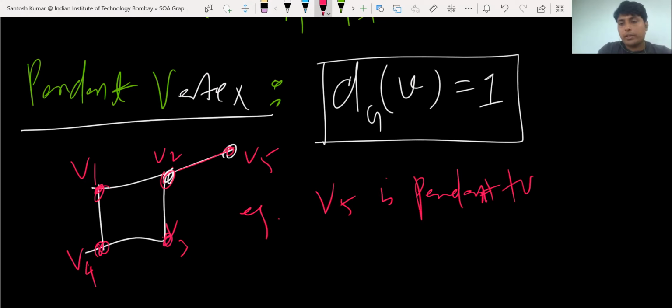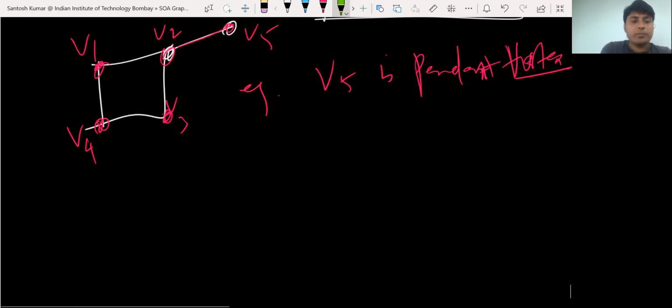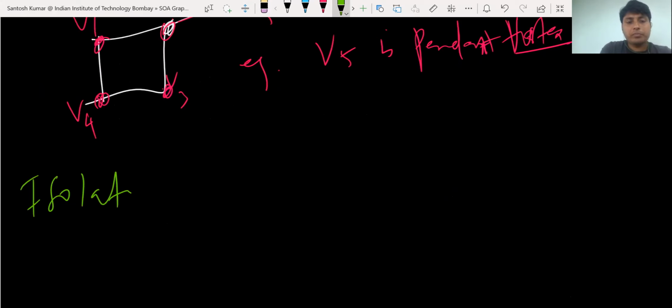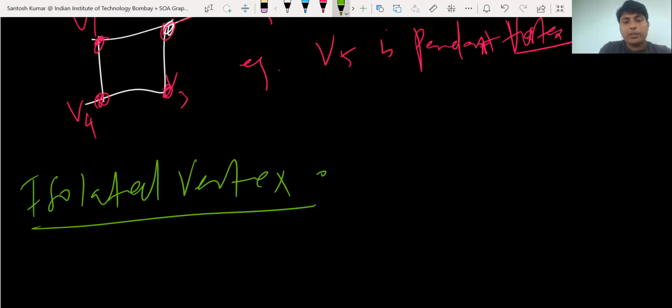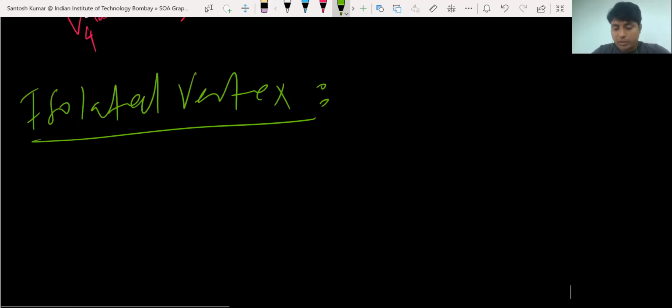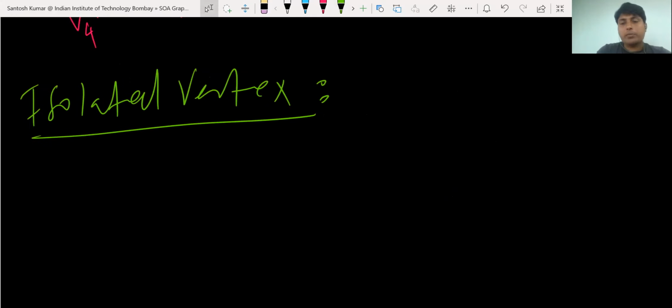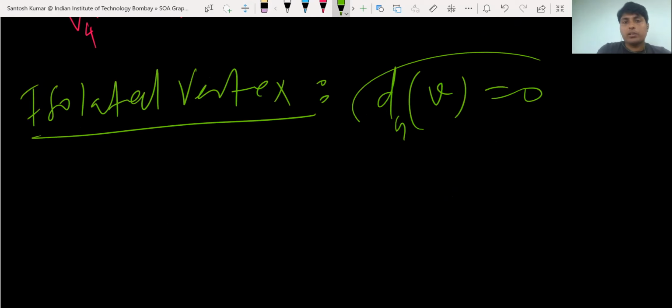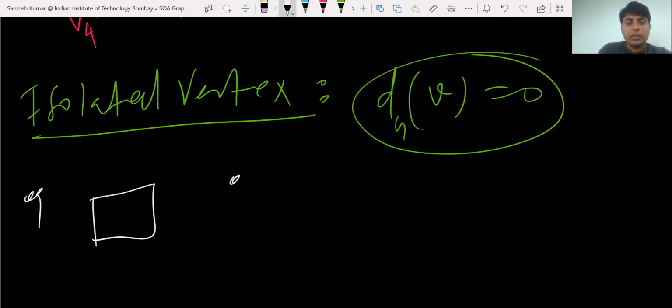Now next is, what is an isolated vertex? An isolated vertex means a vertex having degree 0. For example, you can take any graph, like I'm making this: v1, v2, v3.